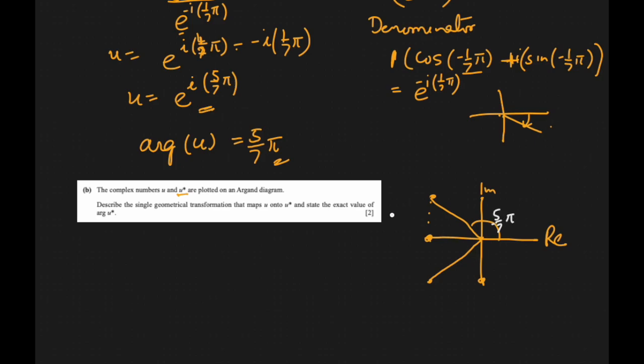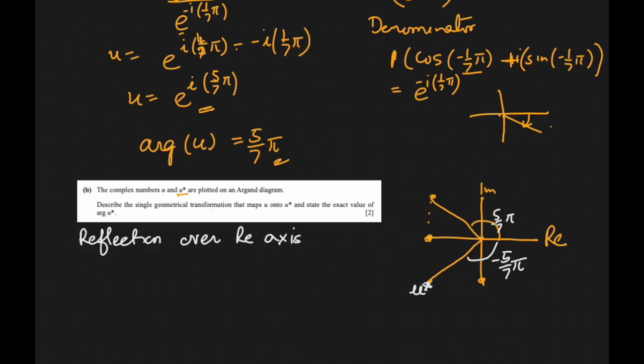That's the argument of u. The argument of u star, the conjugate, will be negative 5 over 7 pi. So they're saying describe the single geometric transformation. The single geometric transformation will be reflection over the real axis.